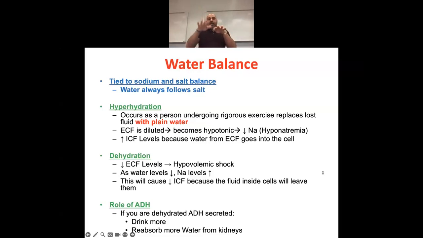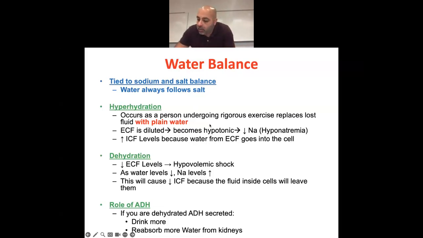If we think of my right hand as water and my left hand as salt, and I increase sodium levels, that person's ratio is off. They are technically dehydrated. If I lower the salt, there's hyperhydration. Same thing if I raise the water too high, hyperhydration. If I lower it, dehydration. So be mindful of that when you're thinking of this.